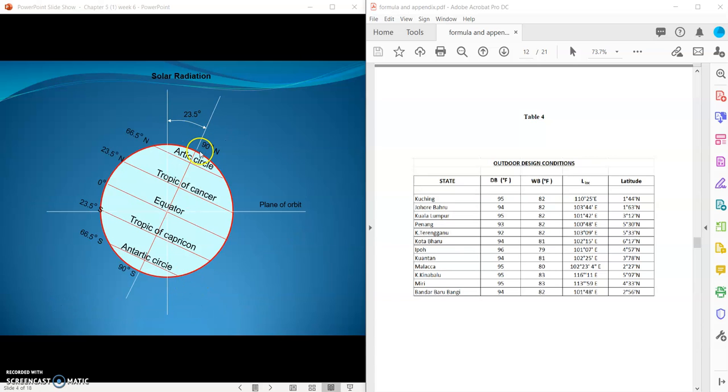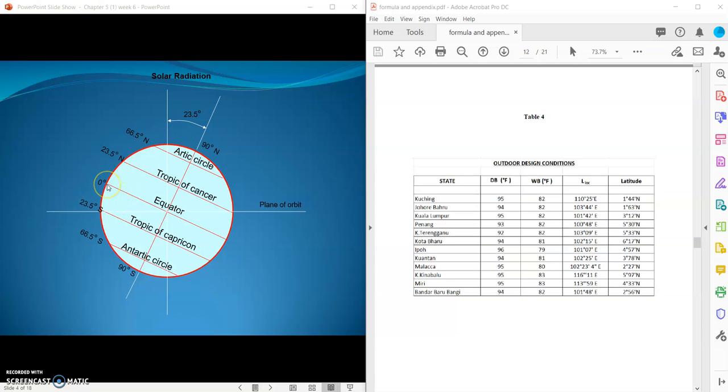Now, this is our Earth. There is the Arctic Circle, Tropic of Cancer, the equator here in Malaysia, and then Tropic of Capricorn and Antarctic Circle here. There are some degrees.